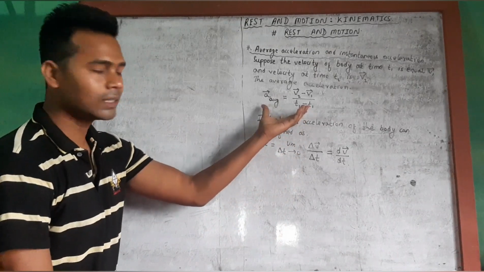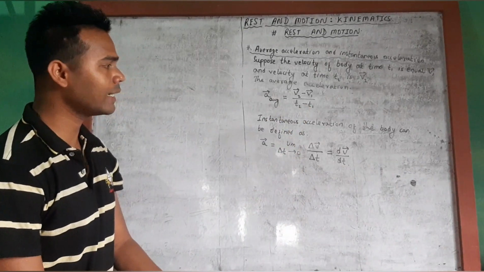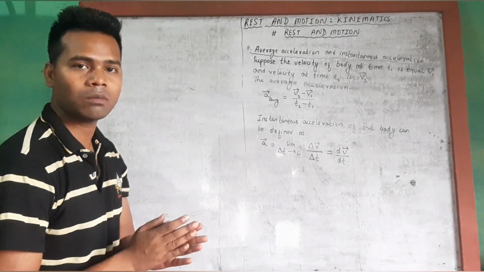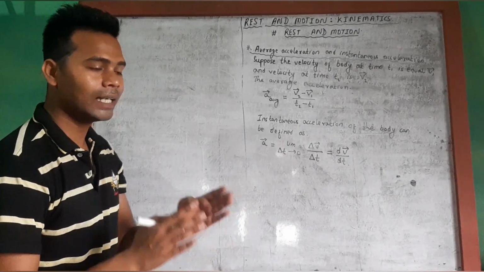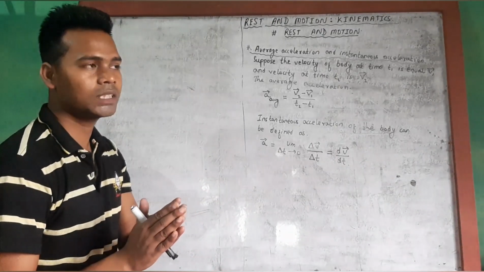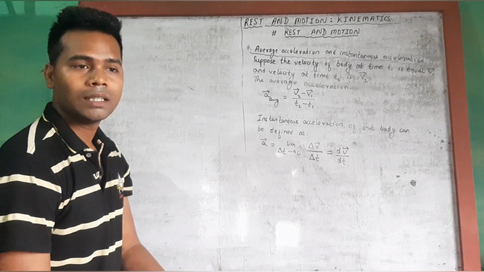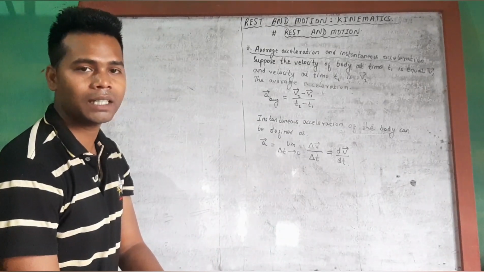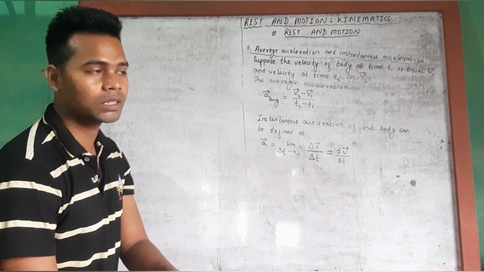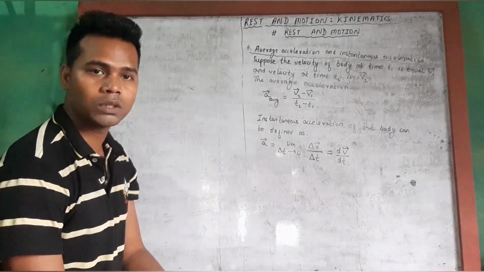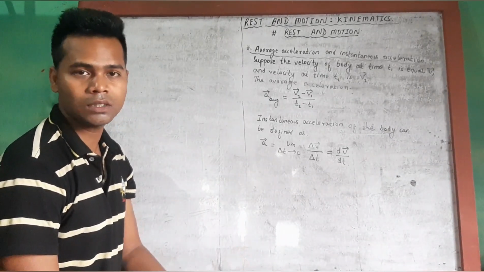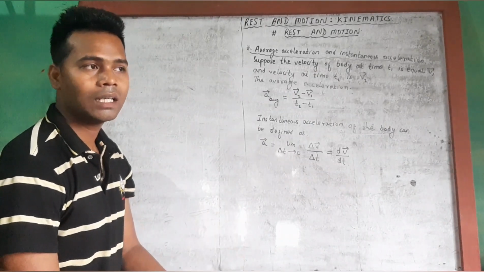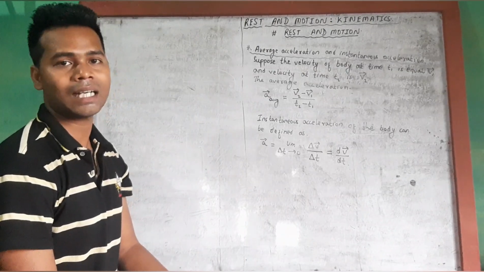In this way average acceleration is defined. Now let us talk about the instantaneous acceleration. Suppose in a very small time interval del t, there is a small change in the velocity, that is del v vector. We can obtain the ratio of del v vector divided by del t, which is defined as the average acceleration. And if del t approaches 0, then del v also approaches 0, but the ratio of del v vector and del t gives a certain limit, and that is known as the instantaneous acceleration of the body.